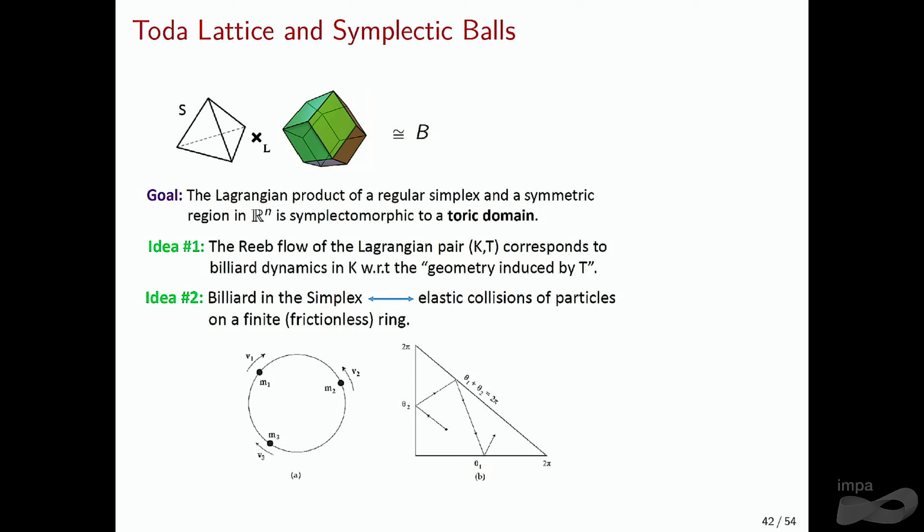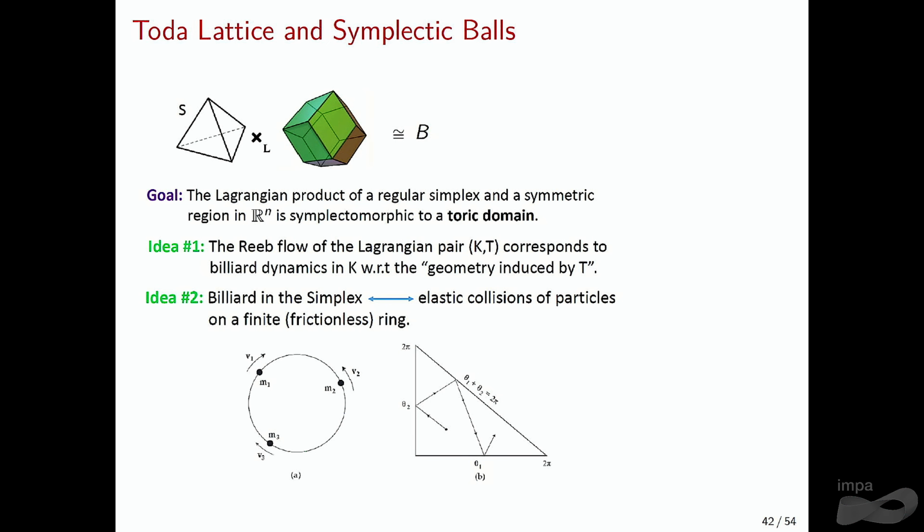Yes. So again, the second idea that goes into the proof is that one can translate the dynamics of billiard in the simplex to a different dynamical system. These are particles going along the ring with perfect elastic collisions between them.